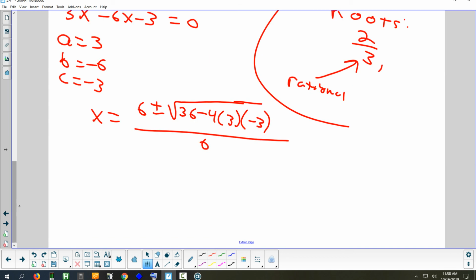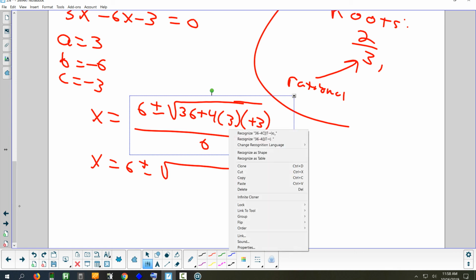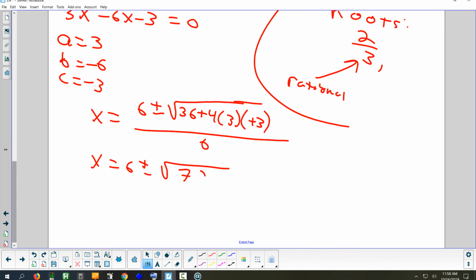Let's clean that up, and that's our answer. 6 plus or minus, you're going to be subtracting a negative, so what does that mean? Yeah, that's going to turn to addition. What's 4 times 3? And then 12 times 3 is 36. 36 plus 36 is 72.